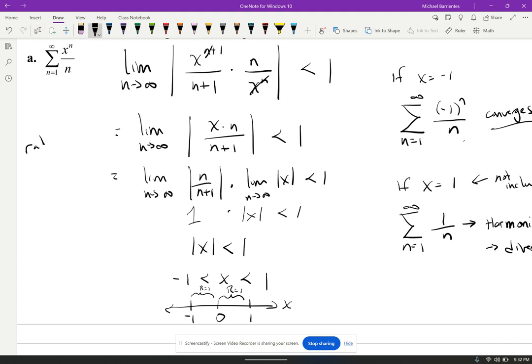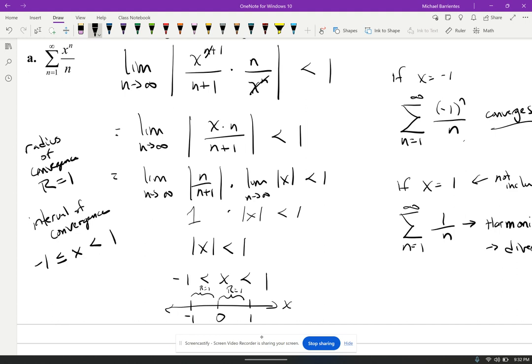So my radius of convergence is r equals 1, and my interval of convergence, so this is telling me what are the actual x values that will make this power series converge, is negative 1 less than or equal to x but less than 1.